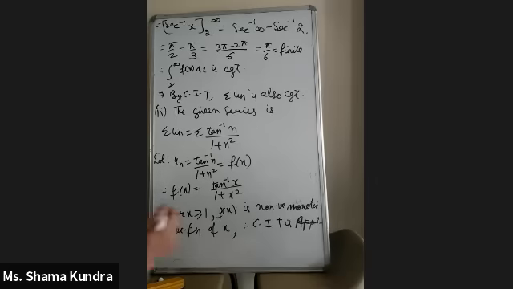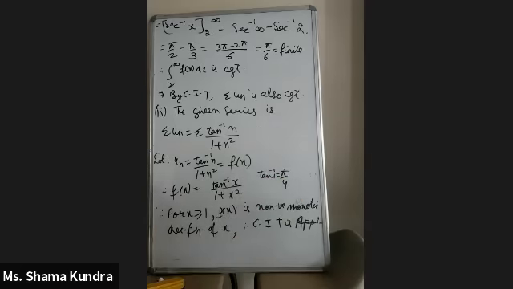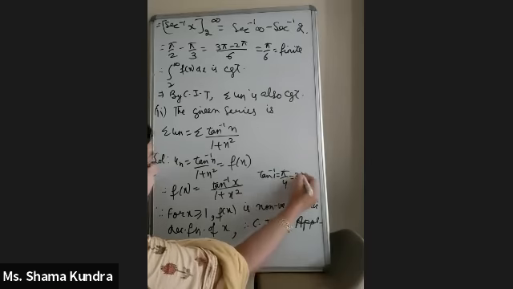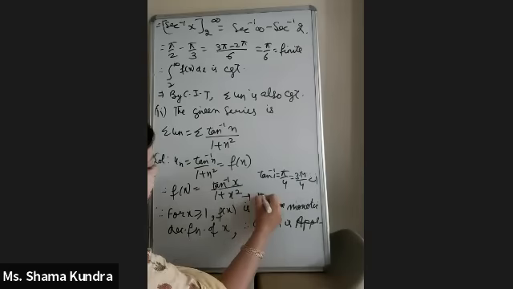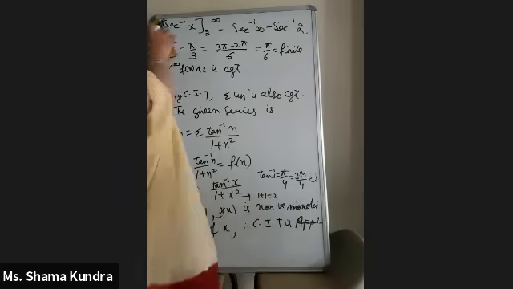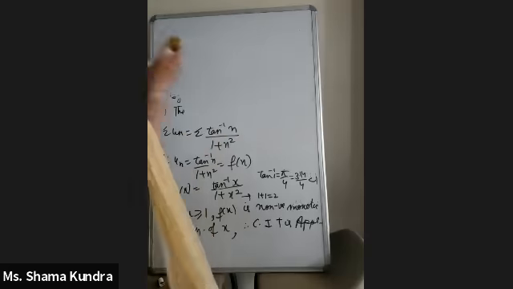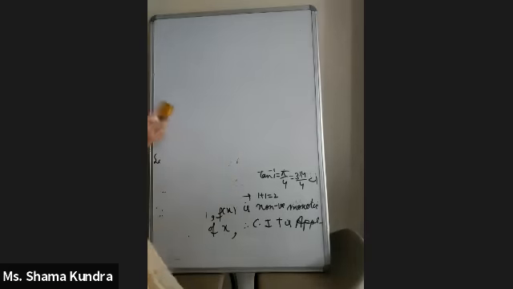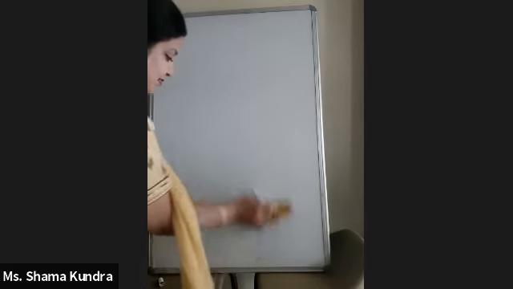Tan inverse 1 is pi by 4 in radians. Pi is 3.14 upon 4, it is less than 1. When you put 1, the denominator becomes 2. The denominator is greater than the numerator, so the function is decreasing. Whenever the denominator is greater than the numerator, the function is decreasing always.